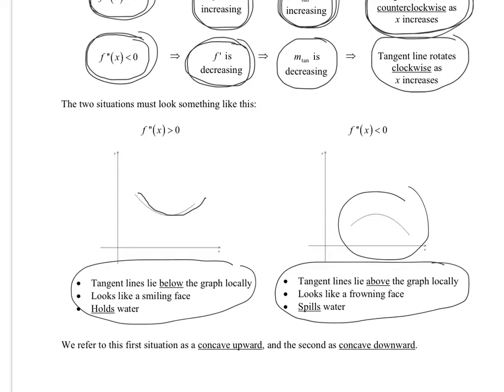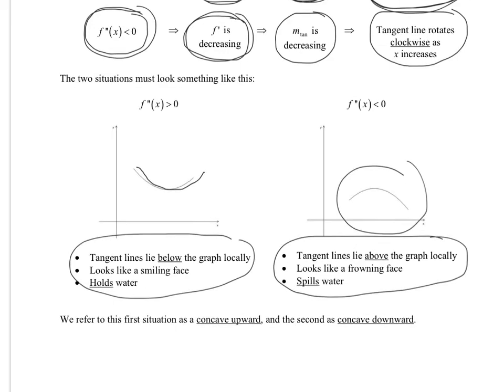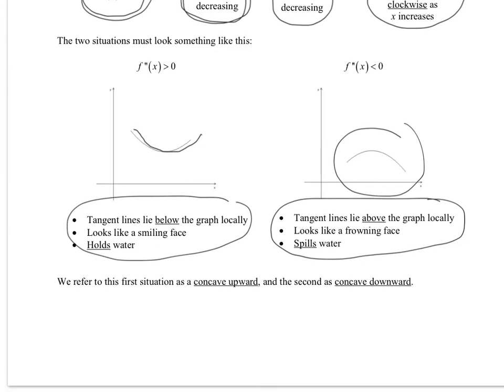And then the third bullet points under each of those graphs: a curve in which f double prime is positive looks kind of like a bowl that would hold water, whereas a curve for which f double prime is negative looks more like a bowl that would spill water. Now we have official names for each of these situations.